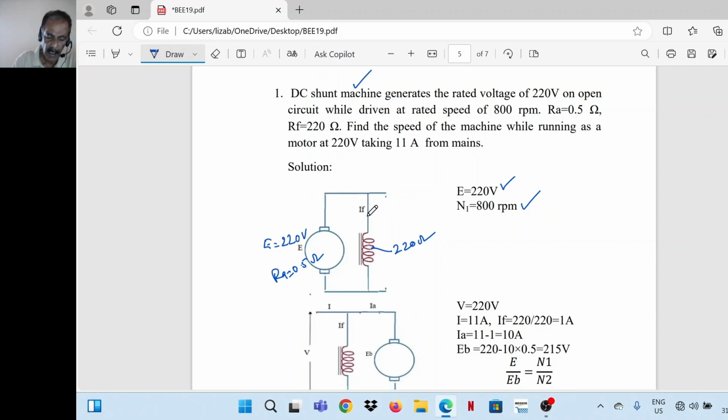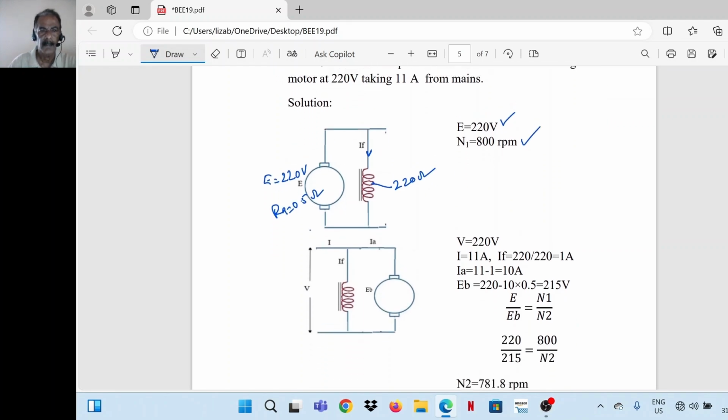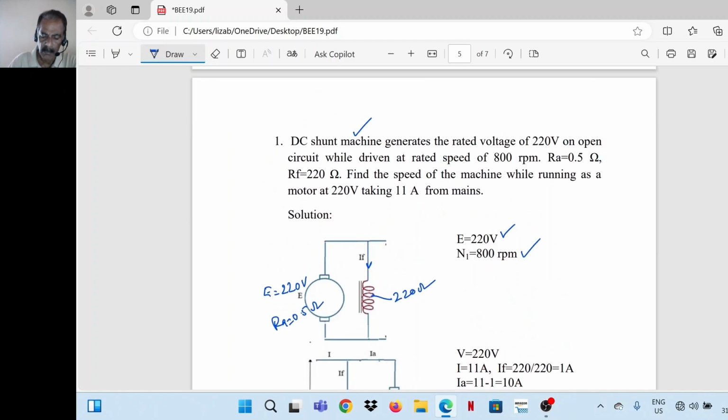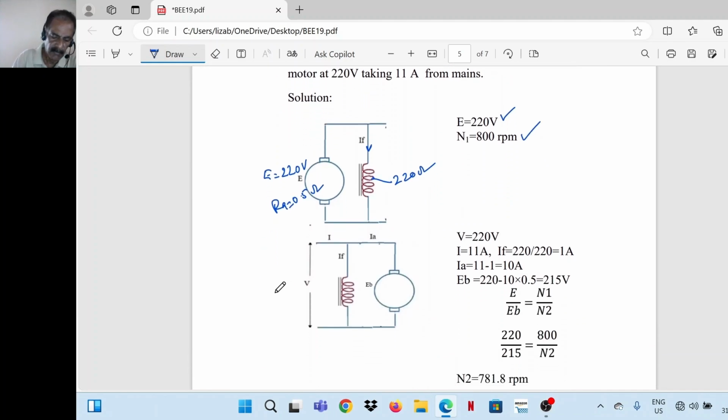So field current, you can take it as 220 divided by 220, 1 ampere. We will calculate it here. So now find the speed of the machine when running as a motor at 220 volts, taking 11 ampere from the mains. So it's working at 220 volt, taking 11 ampere from the mains.